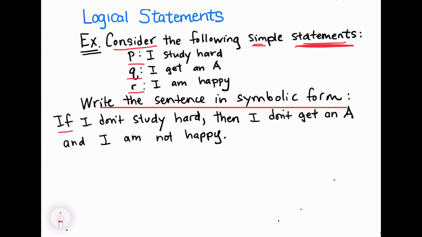This statement involves all three, P, Q, and R. So the key is to figure out how these statements fit together. Clearly this corresponds to P, and this is "I don't study hard," so I'm just going to write the negation there. "I don't get an A" is not Q, and "I am not happy." So we can see already the simpler statements inside.